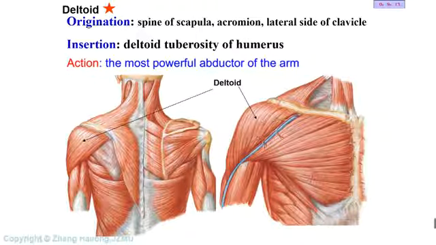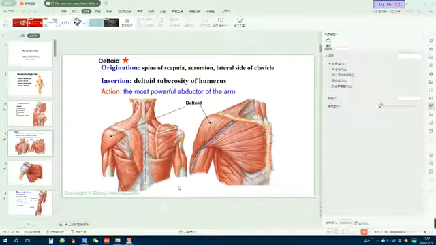At the same time, the anterior group can make your humerus move forward. This one is flexion. And the posterior group makes your arm move backwards. This function is extension. Now let's see the software again.